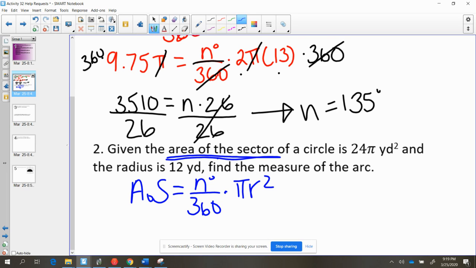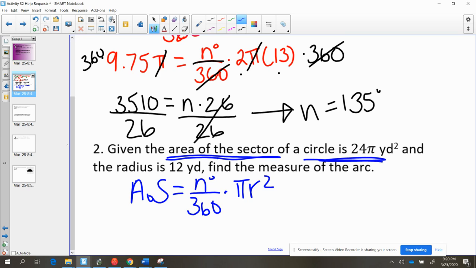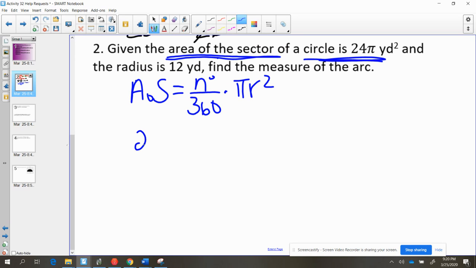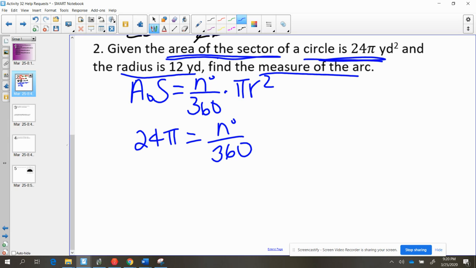The area of the sector this time is 24 pi, so we plug in 24 pi for the area of the sector. They also gave us the radius, and what we're looking for is n, the measure of the arc. So we're solving for n degrees again, this time times pi times 12 squared.